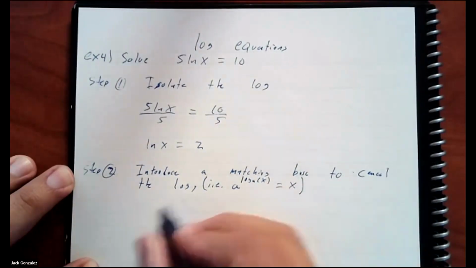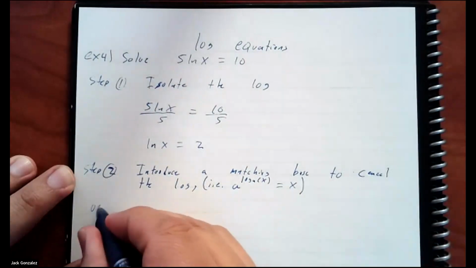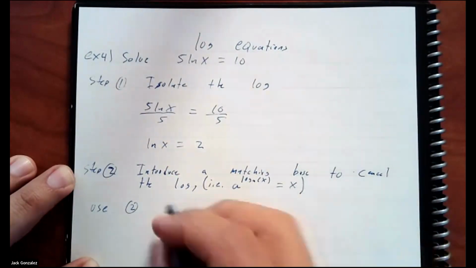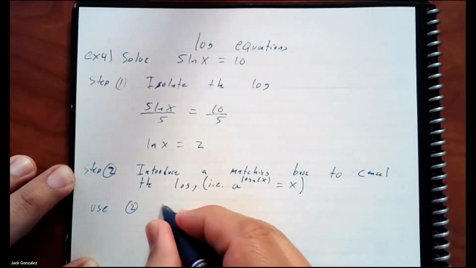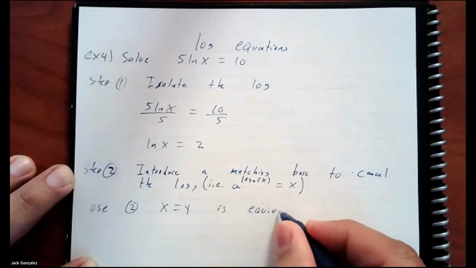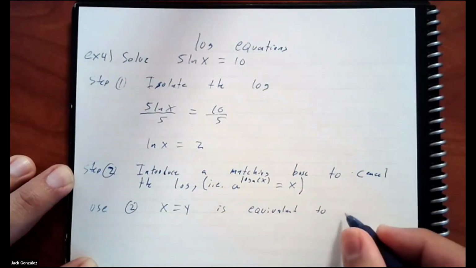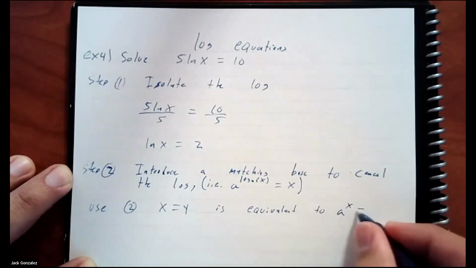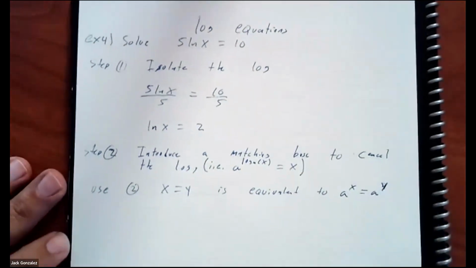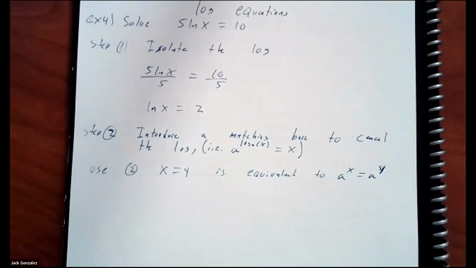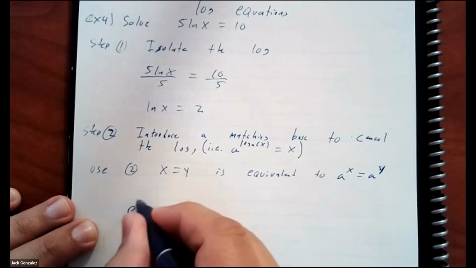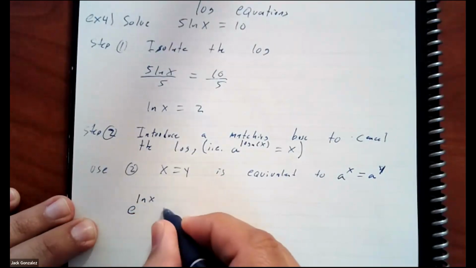I think it was number 2. So e is the base I'm choosing, and changing the equation into the powers.